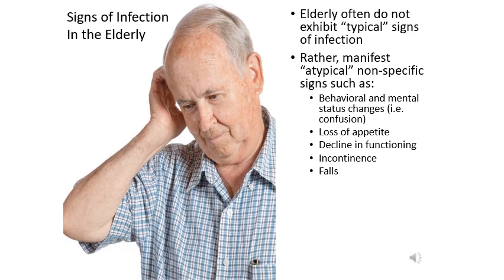But again, we just have to be watching for and be very straightforward about what the signs and symptoms may look like so that we can try to identify them sooner rather than later.